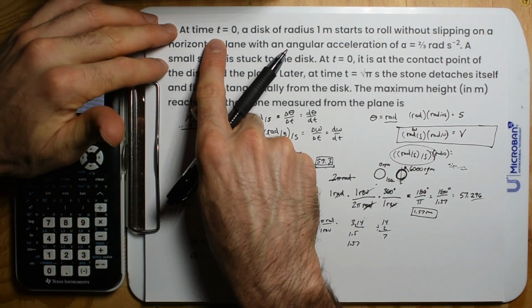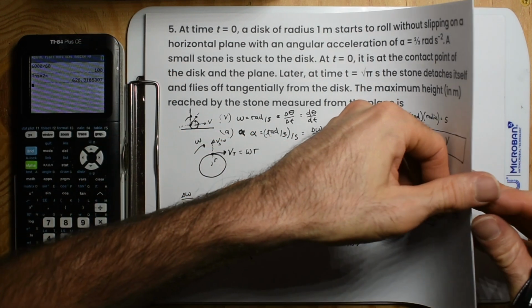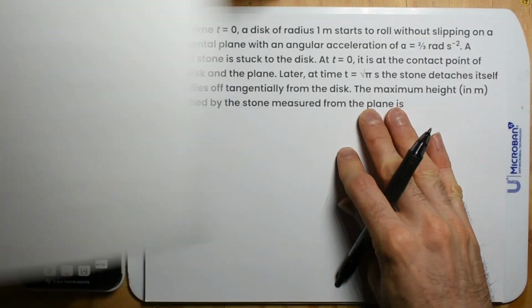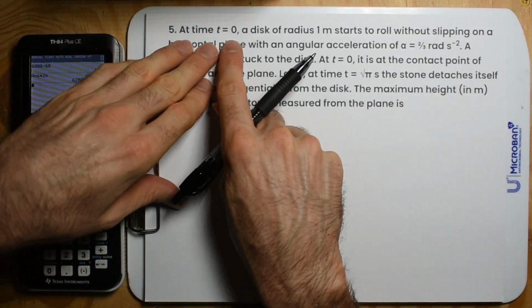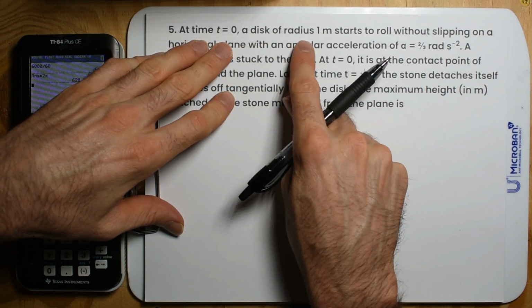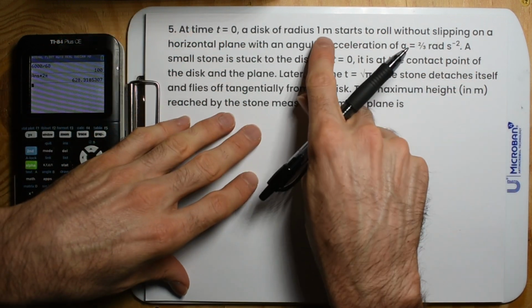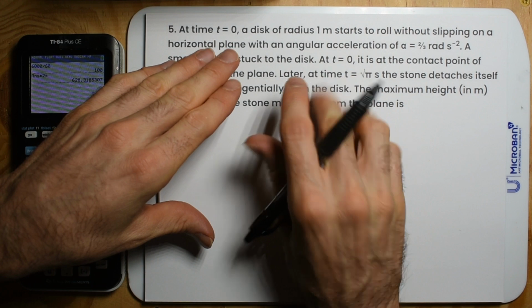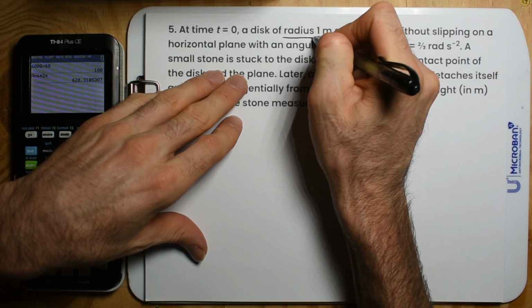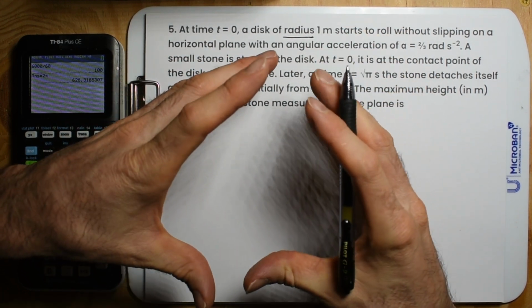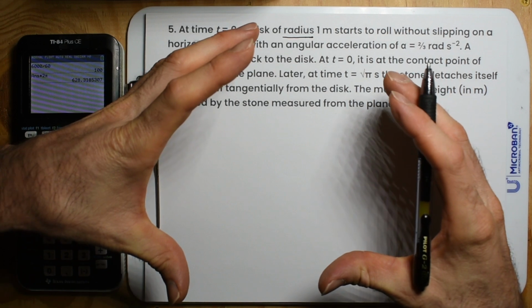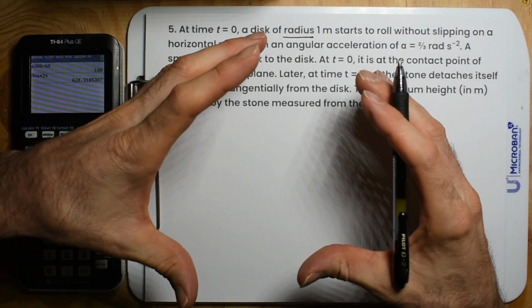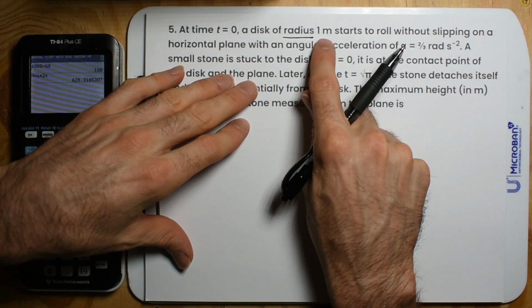So let's get a new sheet of paper. At time t equal to 0, a disk of radius 1 meter. Anytime you see radius, you have to mentally think, okay, this thing is 2 meters in diameter. What's a meter?